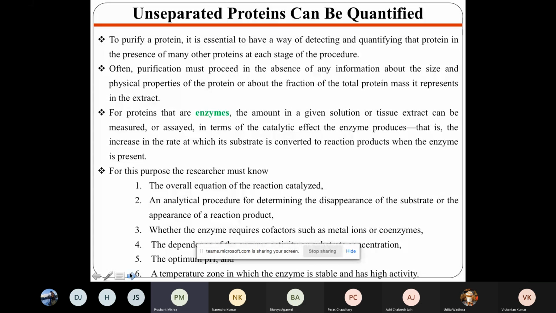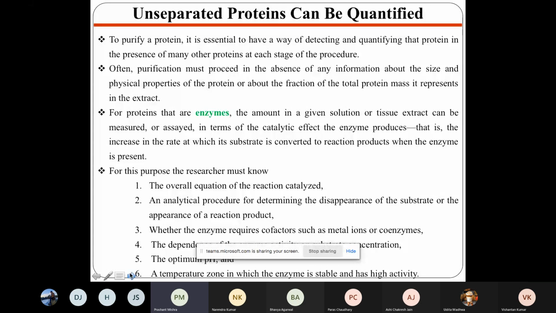So one thing is that we are looking at the protein purification. The other thing is that out of that protein, which type of protein we are going to estimate. Suppose I have 6 proteins or 10 proteins present in our crude extract, or even after separating them by salt precipitation, we should know the protein of our interest.